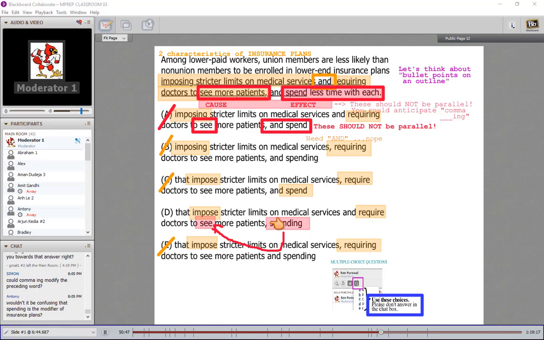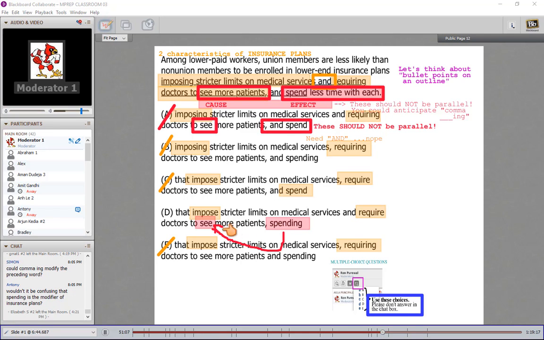It has to have some sort of relationship to that action. So spending is not a modifier of insurance plans. Not sure what the question is. The nearest action doesn't have to be a complete sentence, it's just the nearest action. Here, the nearest action is this, see more patient. So these can do that.